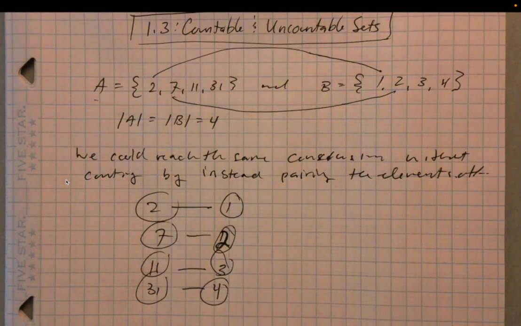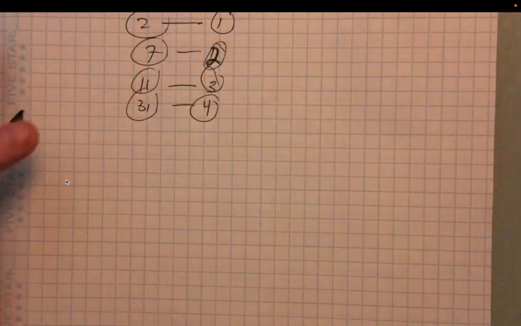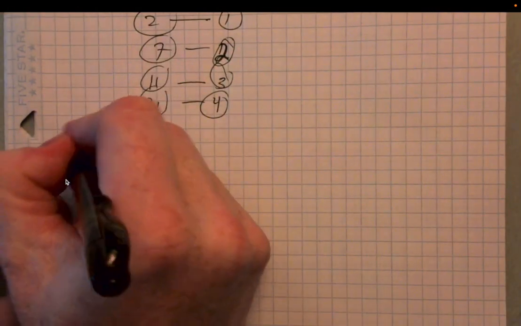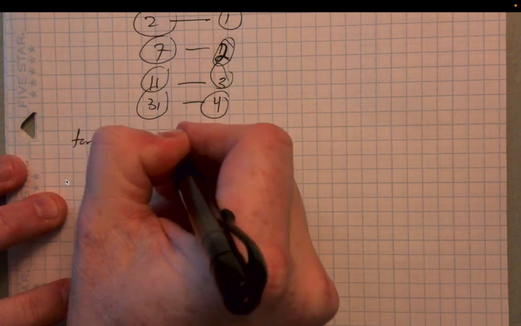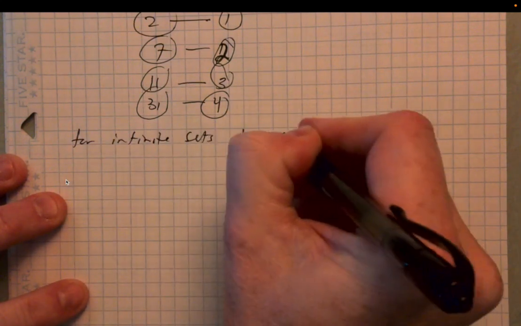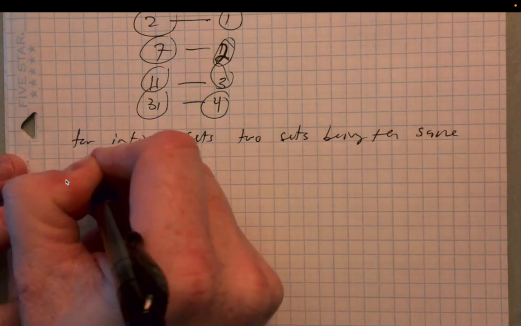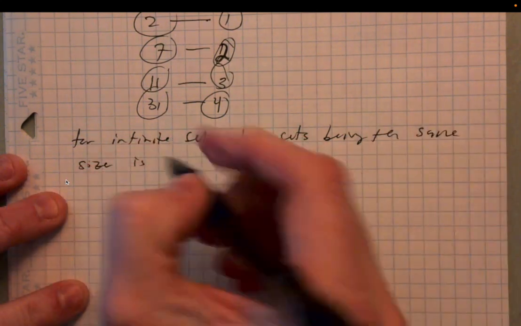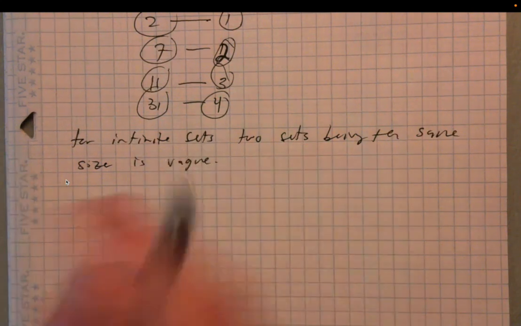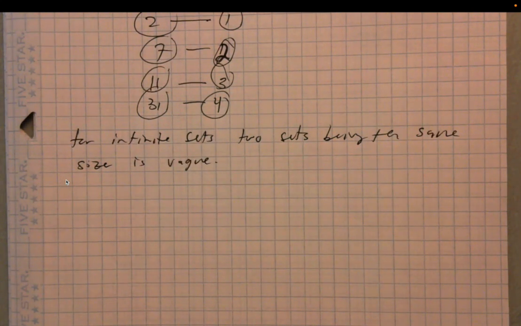For infinite sets, the concept of two sets being the same size is a little bit vague. It's more difficult to think about.